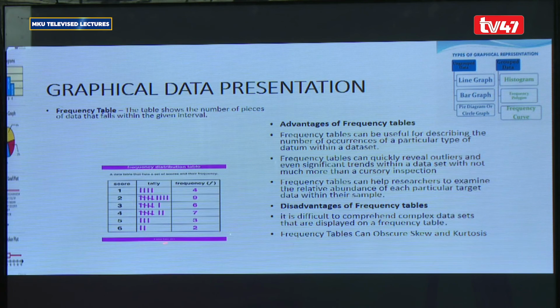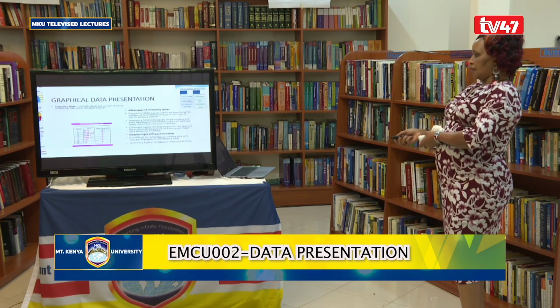And you can see the two here very quickly, and you can see the one that has higher. It's able to show the outliers of various types of data. But we also say it is very, very difficult to comprehend. One may require some additional information, and the tables can also be skewed, or they may also be affected by the kurtosis.